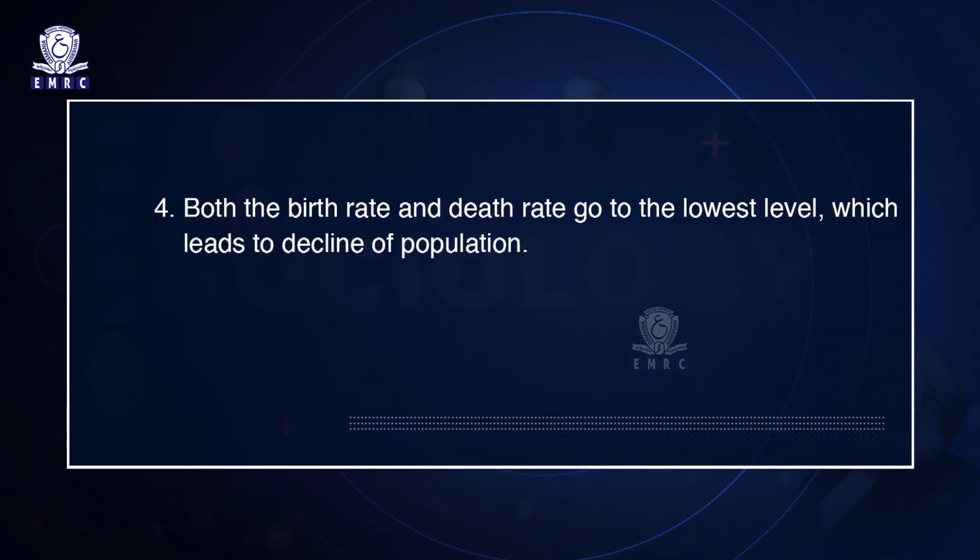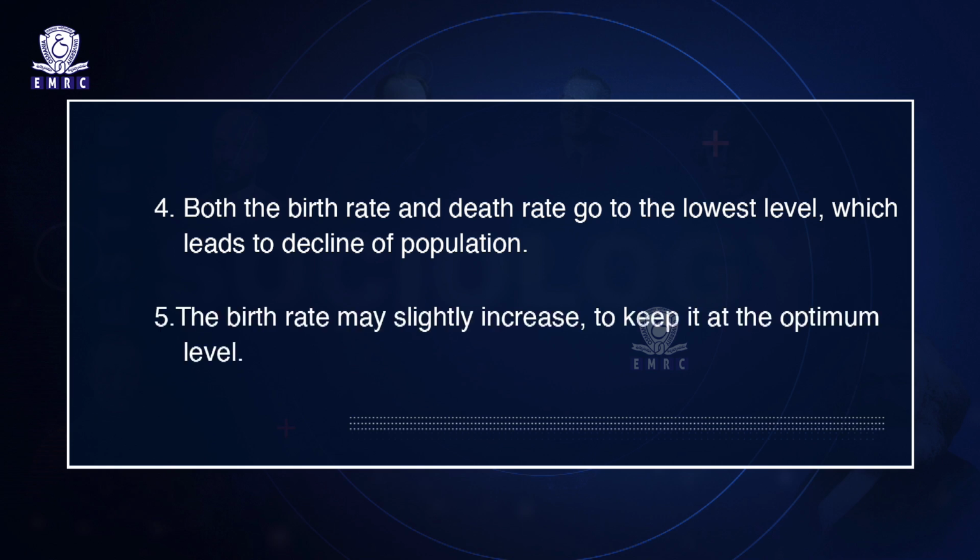In this stage, both the birth rate and death rate start to decline. In the fourth stage, both the birth rate and death rate go to the lowest level, which leads to decline of population. In the final stage, the birth rate might slightly increase to keep it at the optimum level.